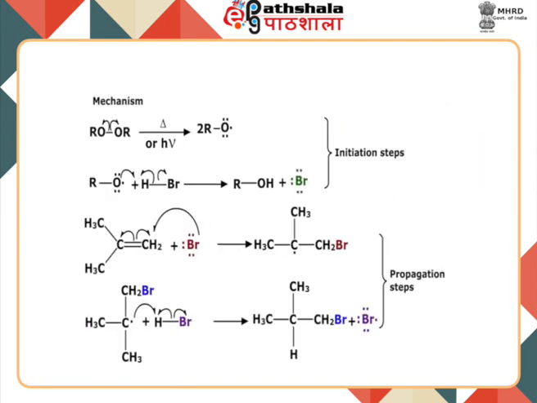The mechanism proceeds in various steps. The first step is the initiation step, in which the benzoyl peroxide dissociates to give the free radical. That free radical then leads to homolytic cleavage in HBr to form a bromine free radical.